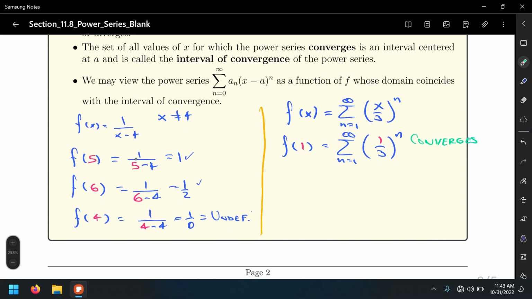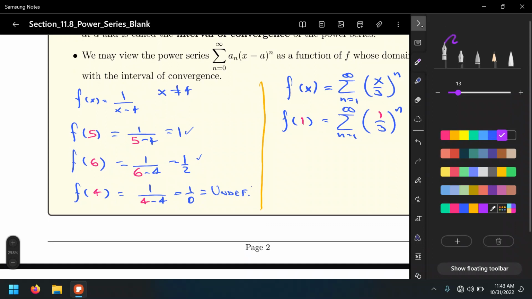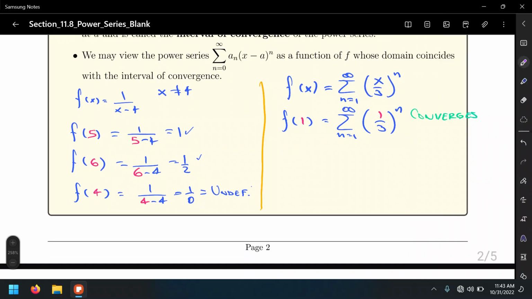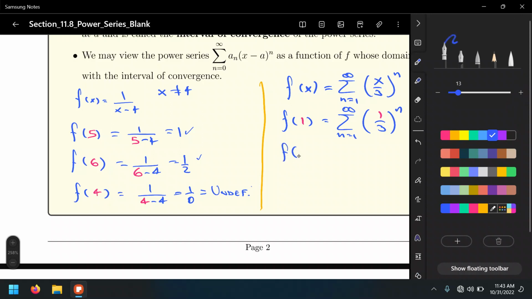In a similar way that f of 5 gave us a defined function. All right, did you see the connection? Did you see the analogy here? Well, let me check with another value. f of 2. f of 2 is the sum from n equals 0, let me start it at 0 just to be consistent with the original geometric series, of, well, not 1 over 3, that's actually 2 over 3, to the n.